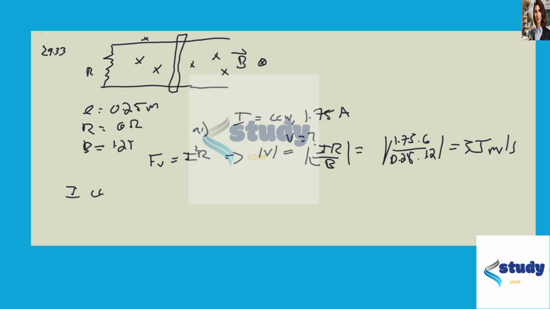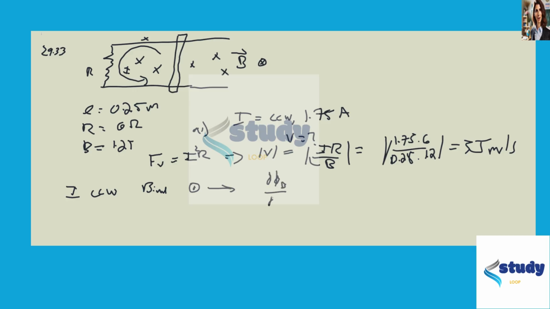Okay. So if I is counterclockwise, so let's just draw I here. This is I, counterclockwise. We know that. That means the B field induced is out of the page. If the B field induced is out of the page, we can use Lenz's law to go backwards now.